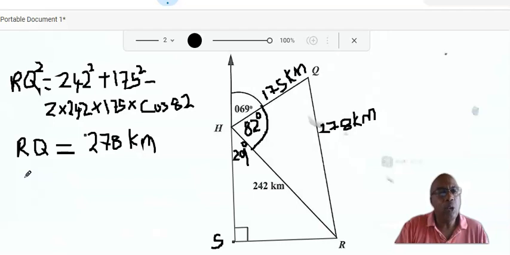So we will say cosine of 29 equals adjacent, which is HS, over hypotenuse, which is 242.